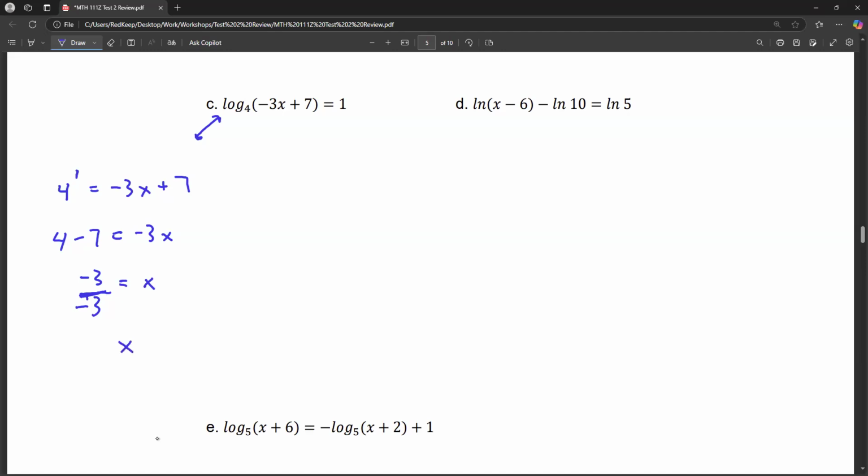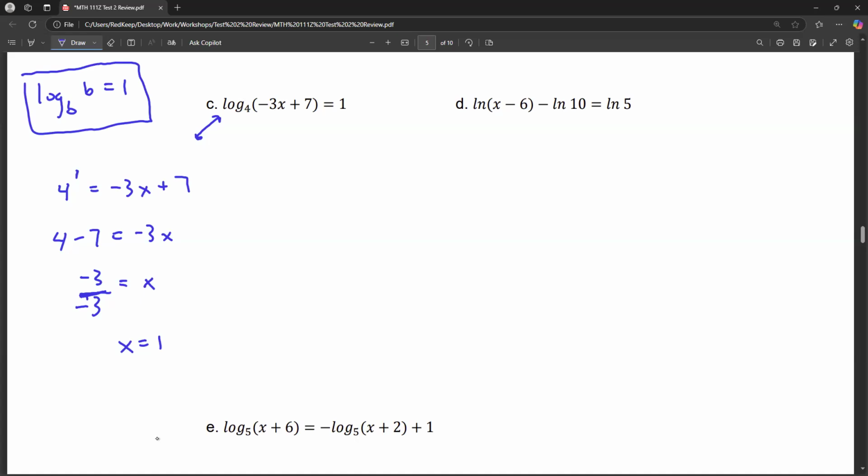So I think we just found that x is equal to 1. If we wanted, there might be a shortcut to this one. If we remember that log base b of b is equal to 1, this would be a good thing, as we said before, to have memorized or on your flashcard.